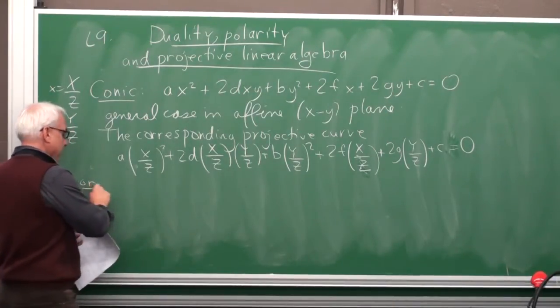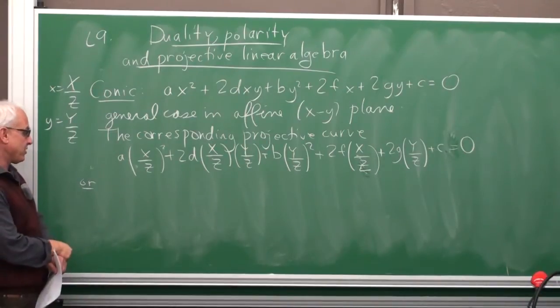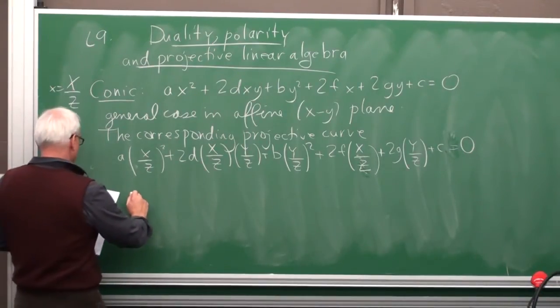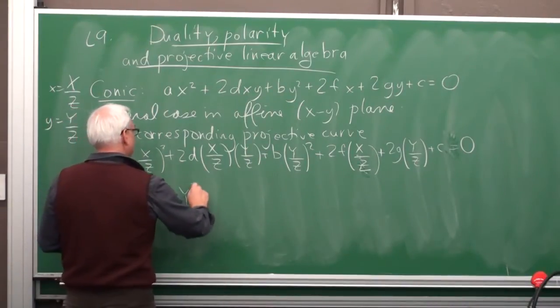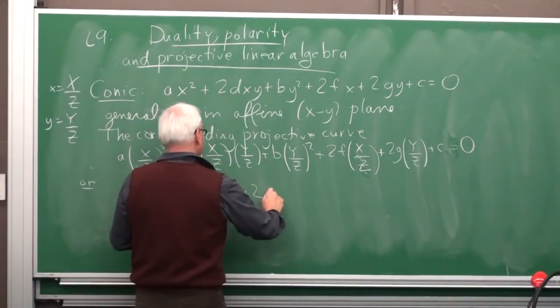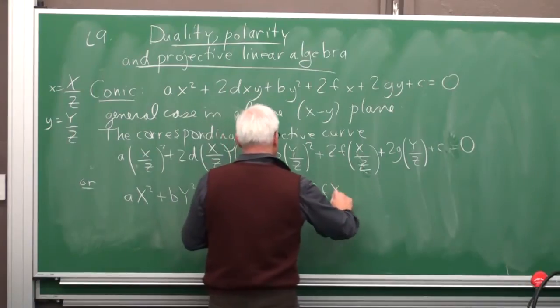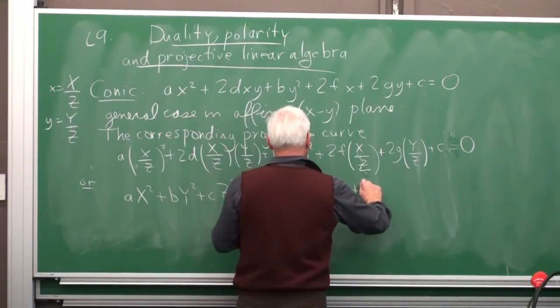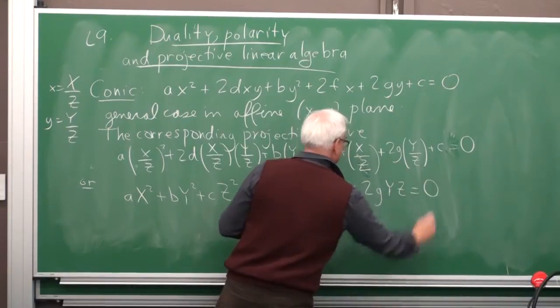We can rewrite this in a better way by clearing the denominators, multiplying by Z squared. So we get aX squared plus bY squared plus cZ squared plus 2dXY plus 2fXZ plus 2gYZ equals 0.